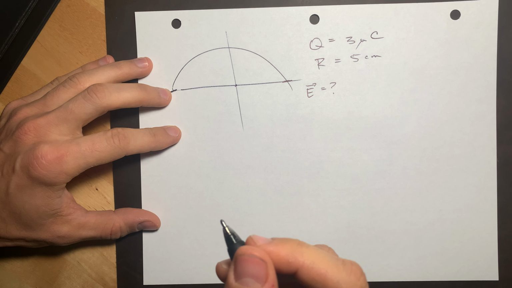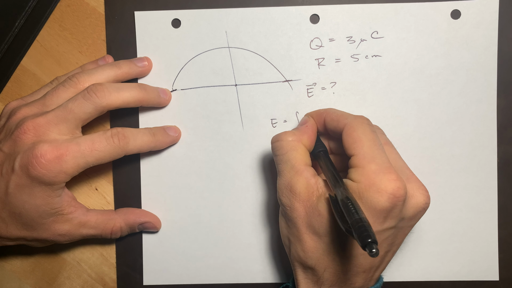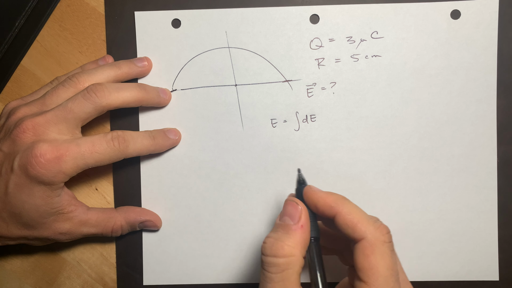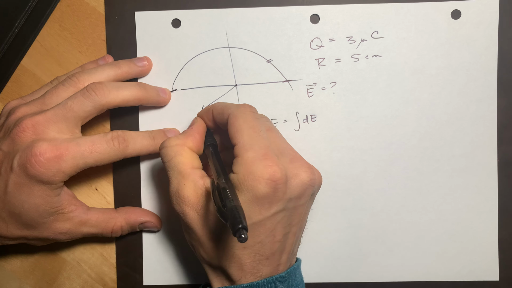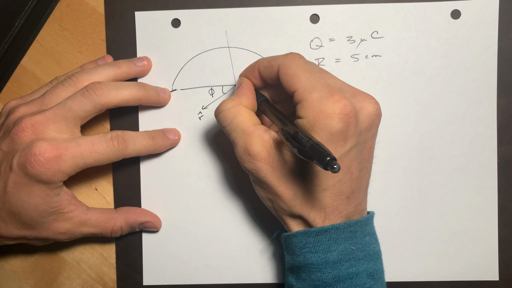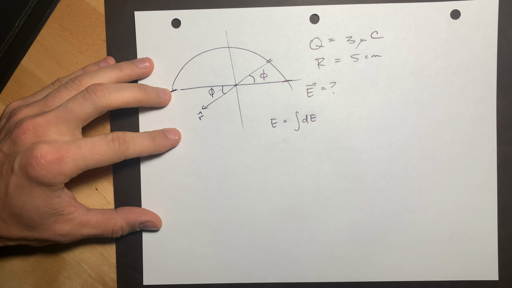And so first, let's say the electric field is the integral of dE. And then let's say you have some charge here. This is your r hat vector. This is your angle in this problem, phi. These are vertical angles. That's the same angle.